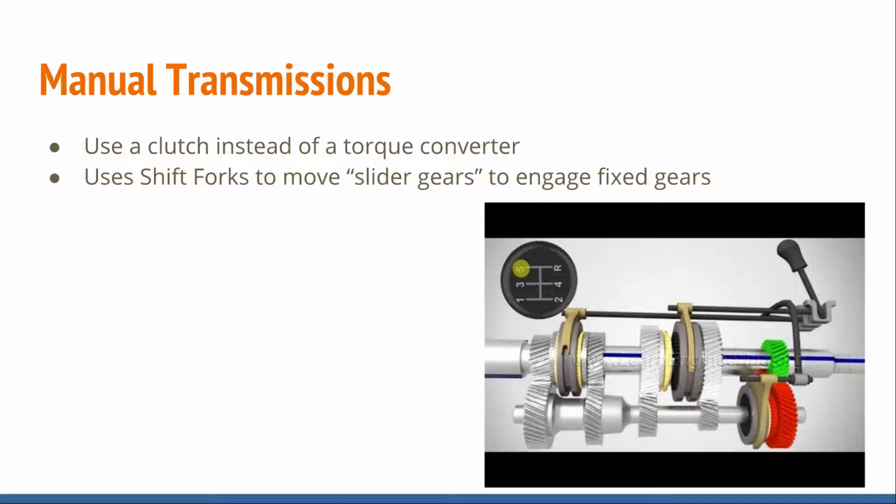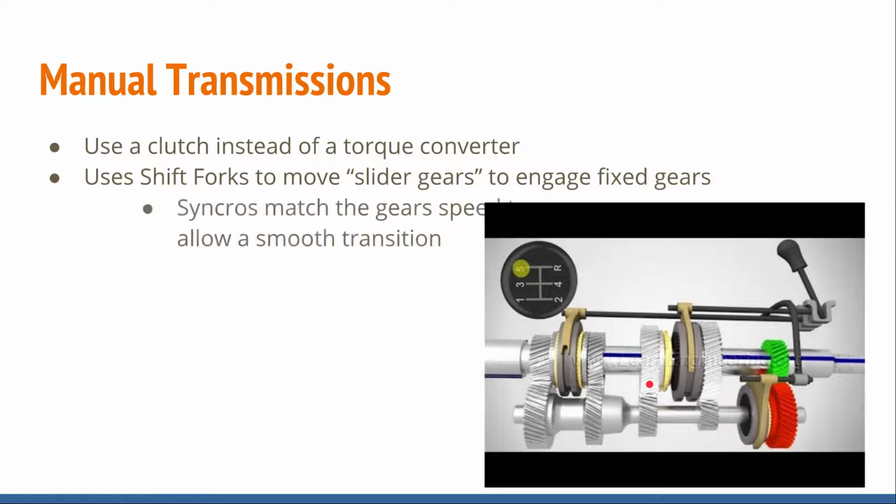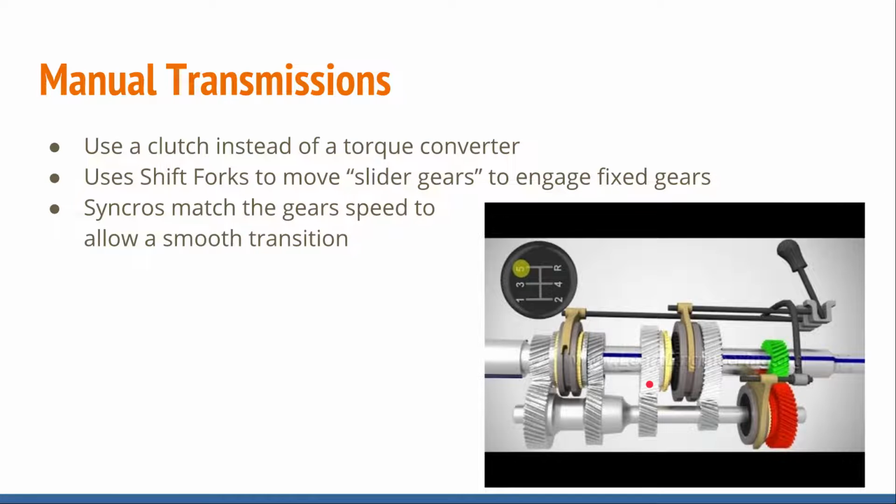Manual transmissions use shift forks to move slider gears to engage fixed gears. This gear right here, that's a slider gear. So as you move your shift lever, it's going to slide this gear up here to engage the next gear right here. They also use what's called a synchro to match the gear speed to allow a smooth transition. This yellow colored thing right here, that's a synchro.